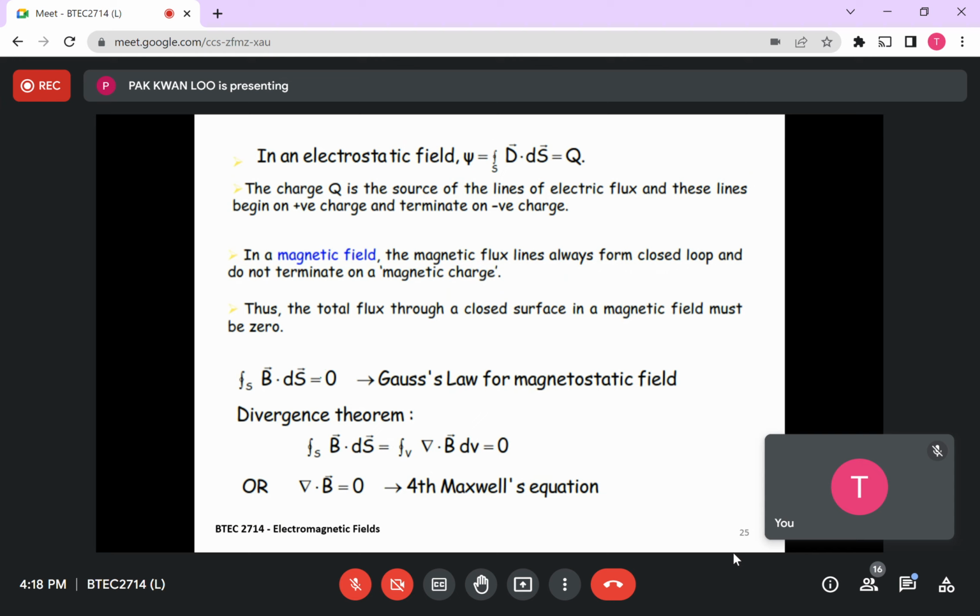And from here, we can apply the divergence theorem, which gives us that the divergence of the magnetic field equals 0. When we say divergence, we are measuring how divergent the field is.